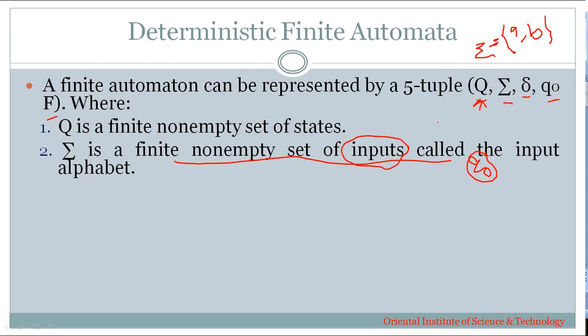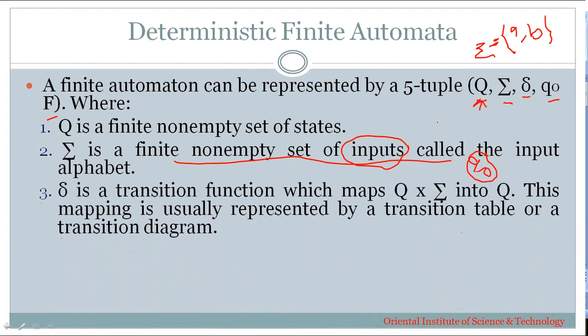Then another is δ, which is very important and is used for transition. In which direction will our reading head move, and what action will it take? It is a function, or transition function, or mapping function, which maps Q cross Σ into Q. If you are on a certain state and get some input, you move to some other state.